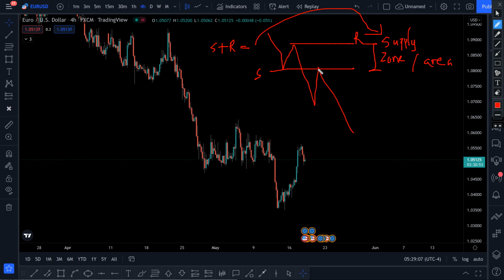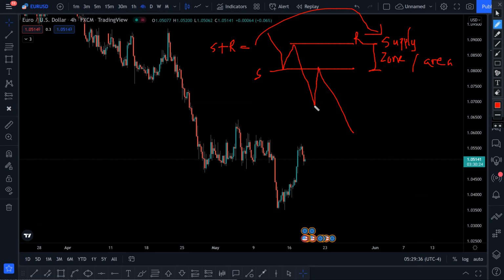Anywhere within here, you will expect price to react, because you have an imbalance here, or a sort of sellers, some people call it an order block. Sell orders are waiting here by those whose orders weren't filled, or those who put sell limit orders waiting for price to descend.